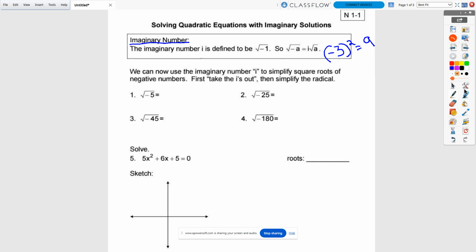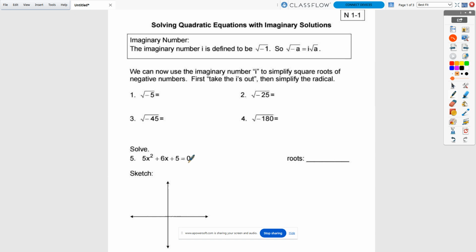So we're kind of dealing with a number that doesn't really technically exist, but the thing that we're using it for is when we find the roots of these quadratics, if it doesn't cross the x-axis, there's no place where x equals 0, but we get some imaginary roots just because of the way the quadratic function works out.